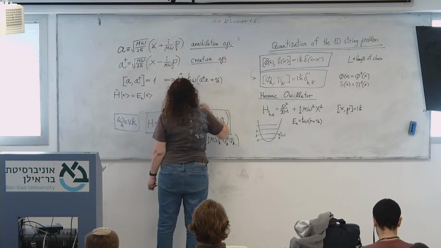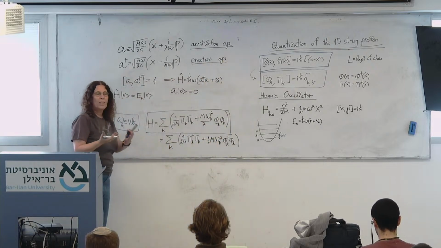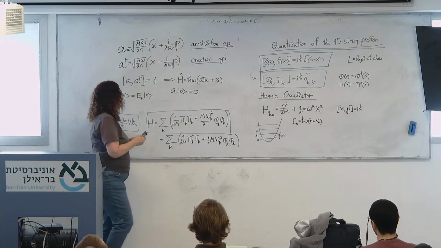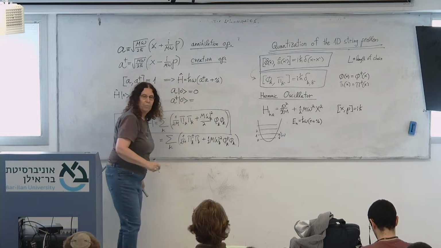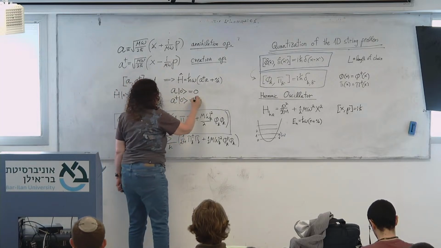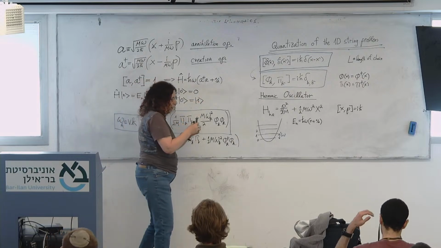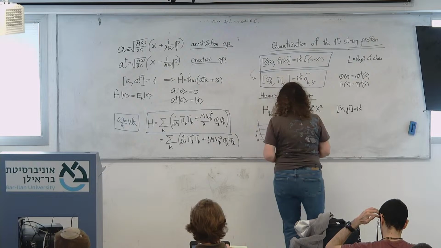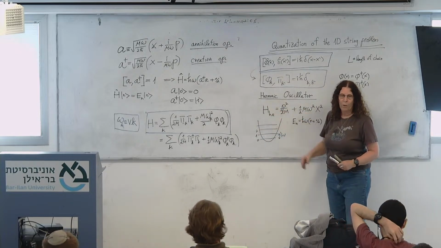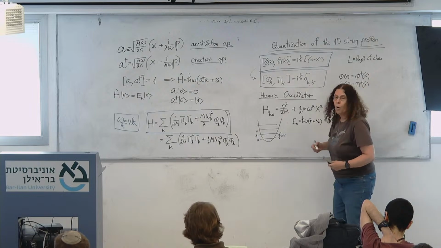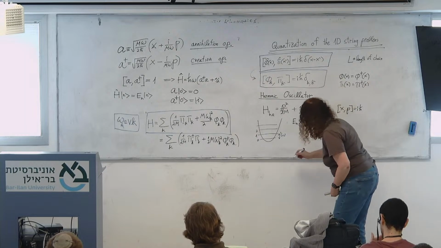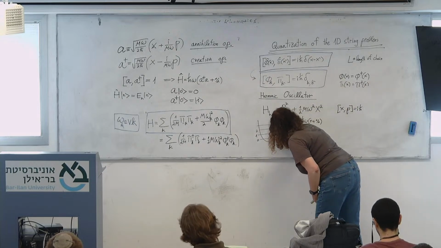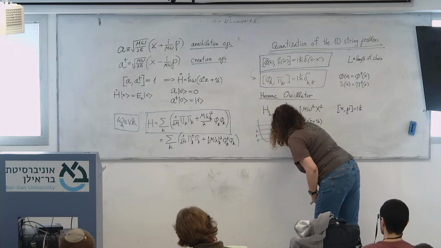This is a creation operator. And in what sense is it a creation operator? If we apply a dagger on the ground state, we get the state 1. So if I'm going back to the picture of the spectrum, which is a ladder of states, what do the operators a and a dagger do? a dagger takes you from one level to another.